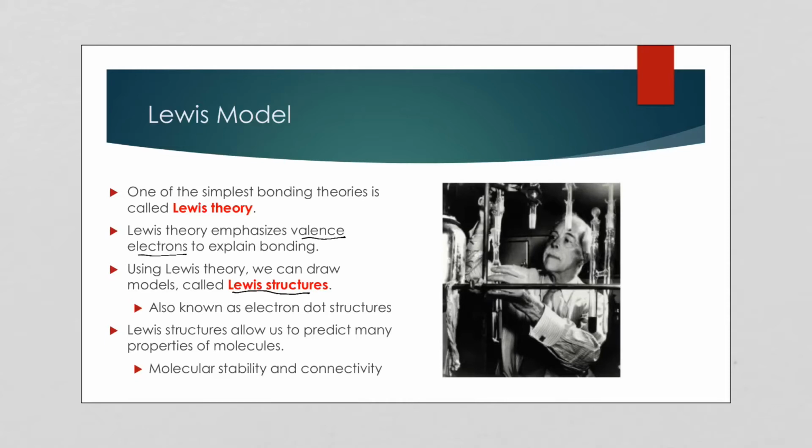And again, these are going to allow us to make predictions on properties of molecules. We'll ultimately be able to predict things like polarity, stability, and of course connectivity, which atoms are bonded and how, to a certain extent. Now, of course, we'll also talk a little bit later about why this isn't the most perfect model. There are limitations to this model.